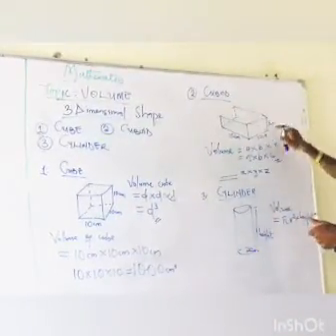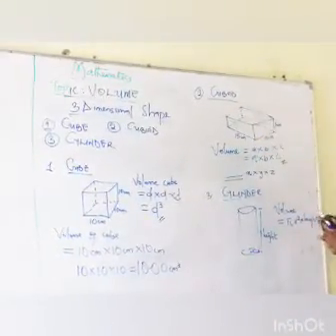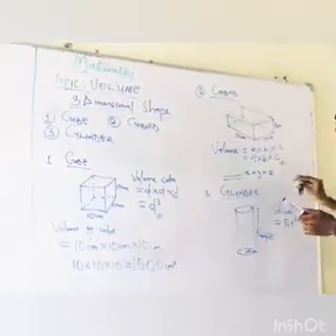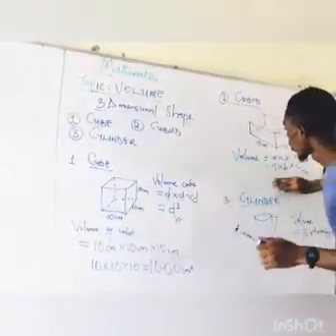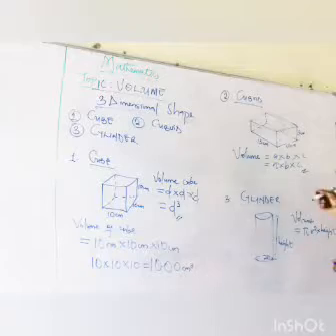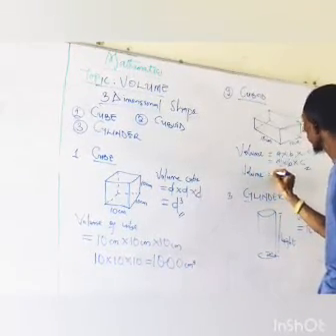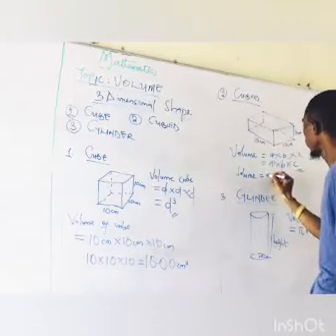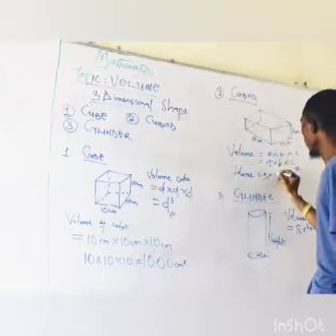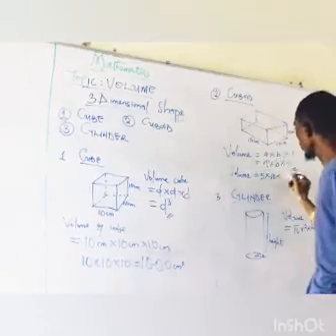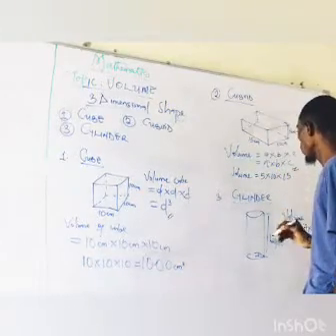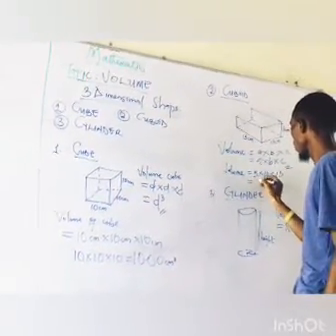What is the volume of the cuboid? Very simple. The volume is equal to this 5 multiplied by this 10 multiplied by this 15. Are we together? Therefore, we have 5 times 10, which will give us 50.